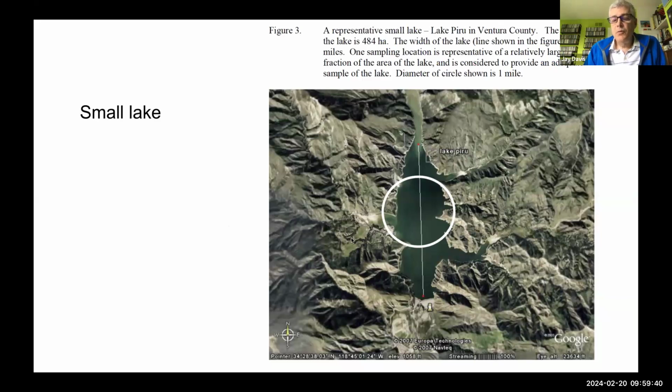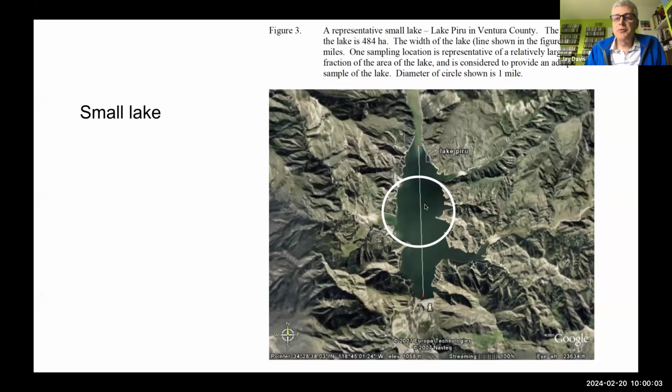And SWAMP does their sampling, our sampling, with electroshocking boats, and they work within a half-mile radius, within a mile diameter circle. So, that's what we define as one sampling location.